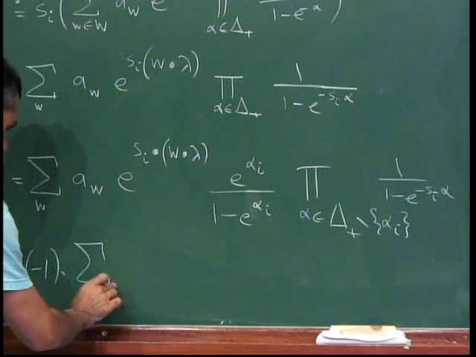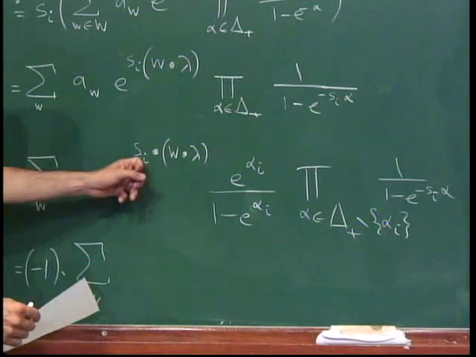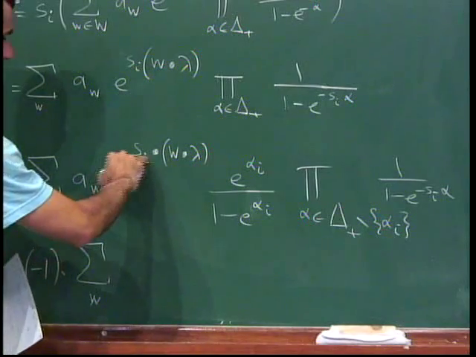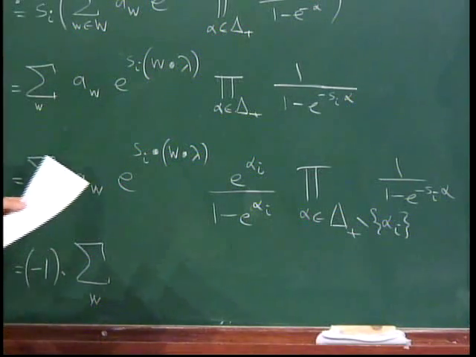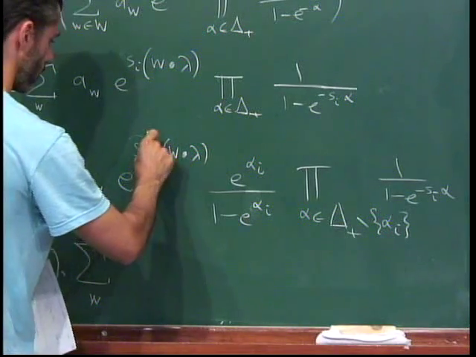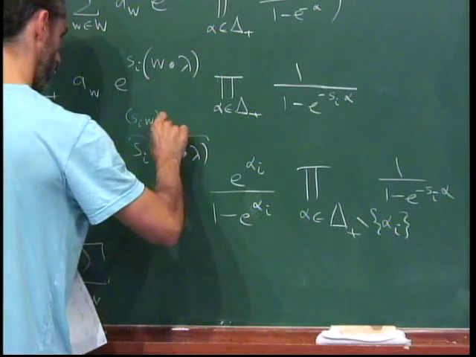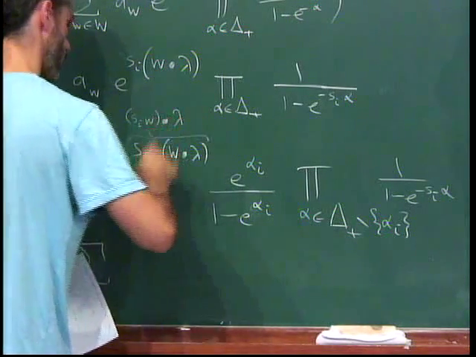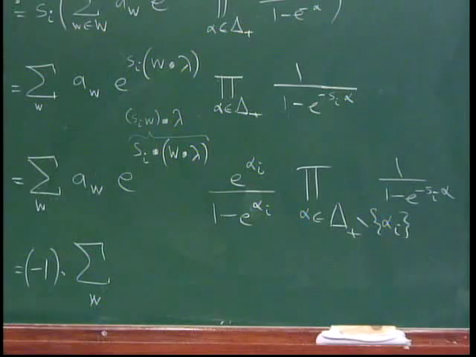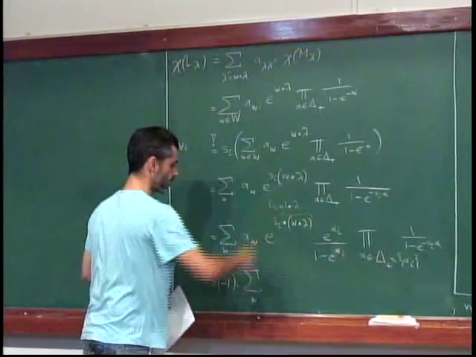There's this sum. Let me re-index the sum, so that this here is just SIW acting on lambda. And I can reorder the indexing so as to put this thing here and that remains.